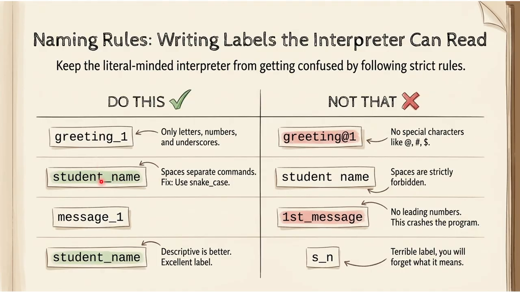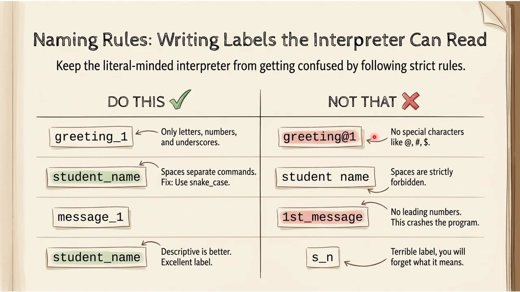If you want to define a variable like student name, you should separate it with an underscore instead of a space, because a space will actually separate that command. And you should name your variables in such a manner that they are descriptive and match the logic you are trying to achieve.